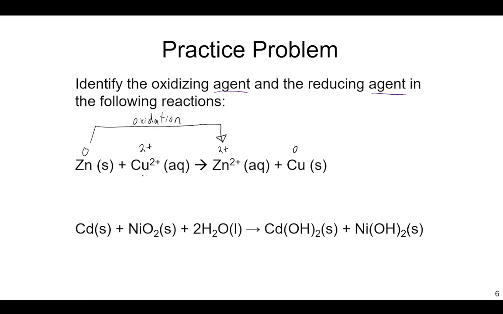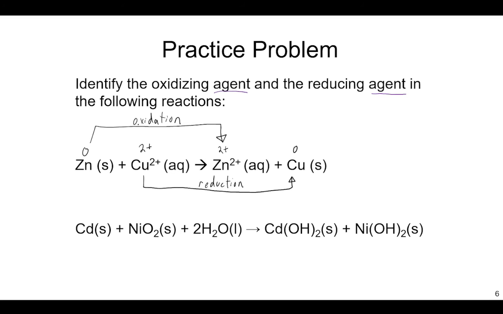Whereas copper is gaining negative charges, gaining electrons. Reduction is gain of electrons, to go from 2 plus, gaining 2 negatives to become a charge of 0.